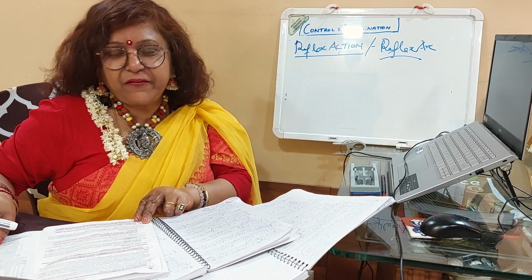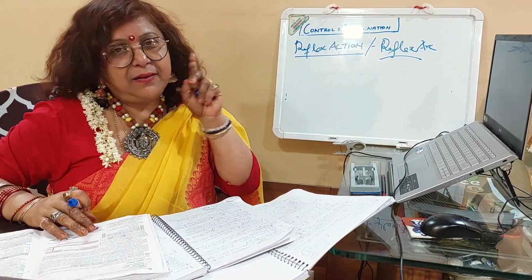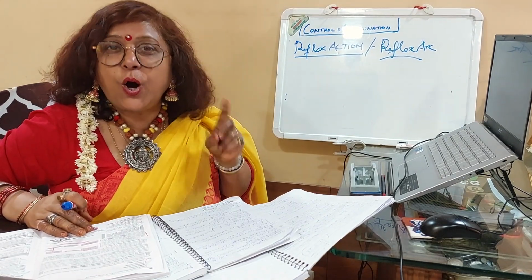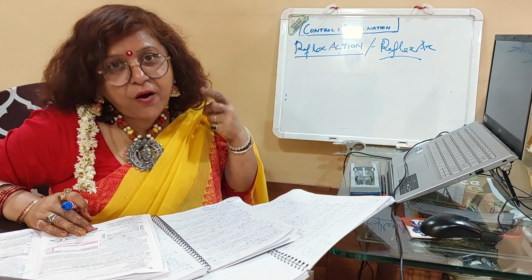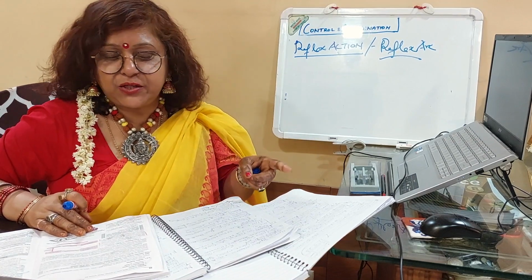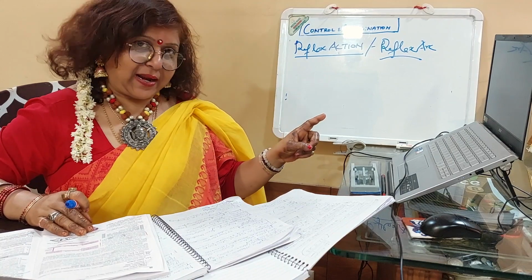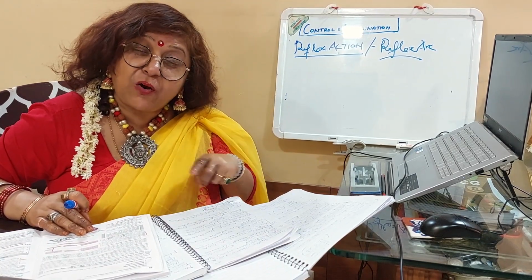You should know the definition of this particular thing. What is reflex action? A reflex action is defined as a spontaneous, automatic response of the organism to any stimulus without the will of the organism.